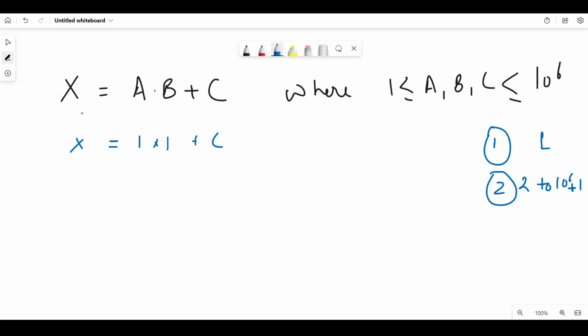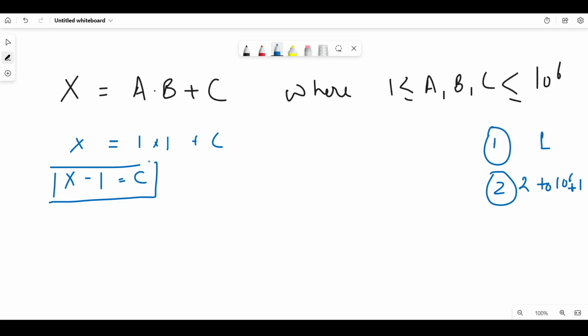Then c will, I'm taking this c on the left-hand side and this x on the right-hand side. No, let it remain on the right-hand side only. So I will take this 1 on the left-hand side. It will become x minus 1 is equal to c.